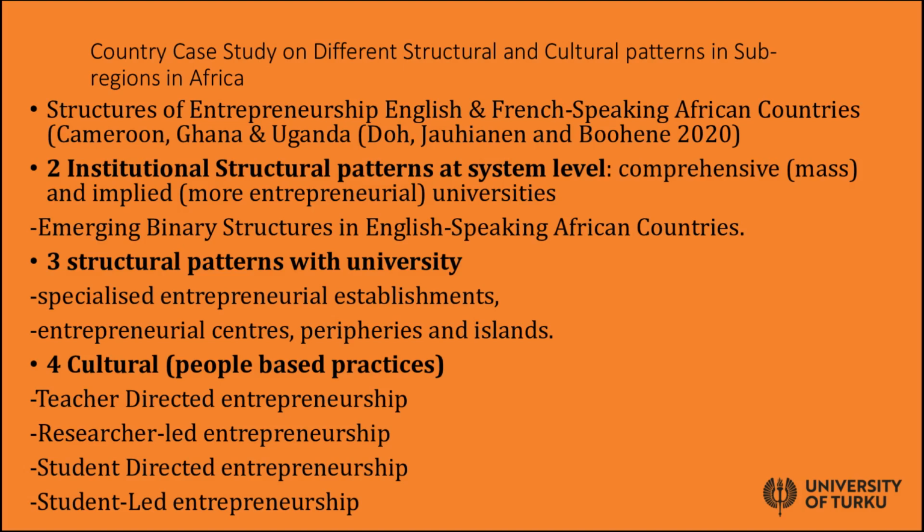Now, we identify the 9 patterns. So 2 institutional, 3 within the middle level of the universities. Within these 3, which are within the middle level of the university, we find specialized entrepreneurial establishments, entrepreneurial centers, and peripheries. We call them peripheries because in some universities these entrepreneurial centers were in the center and some were in the peripheries, attached to faculties and sometimes departments.